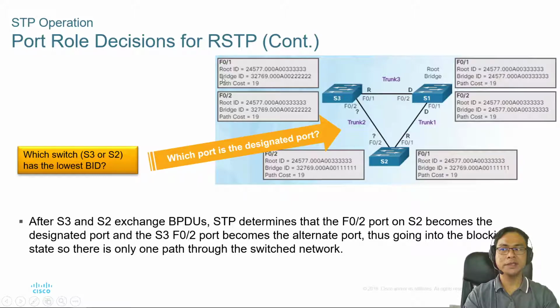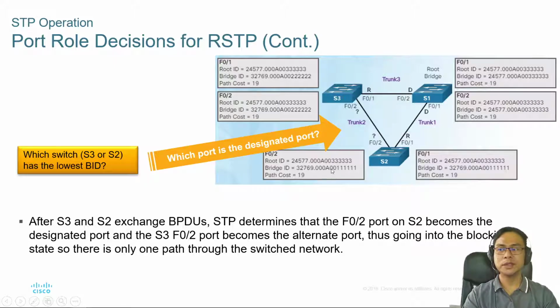So there's a bridge ID. In this case, the bridge ID of FA02 is 32769.00A002222. Okay?